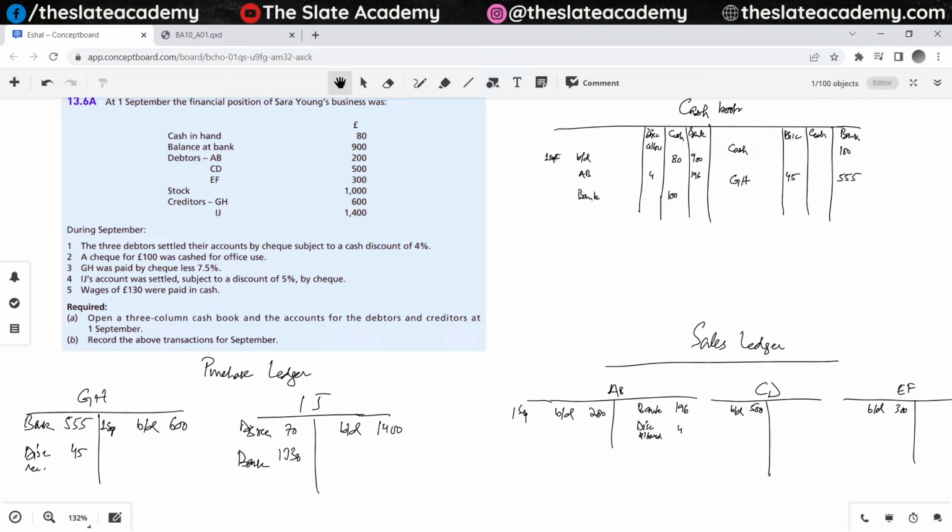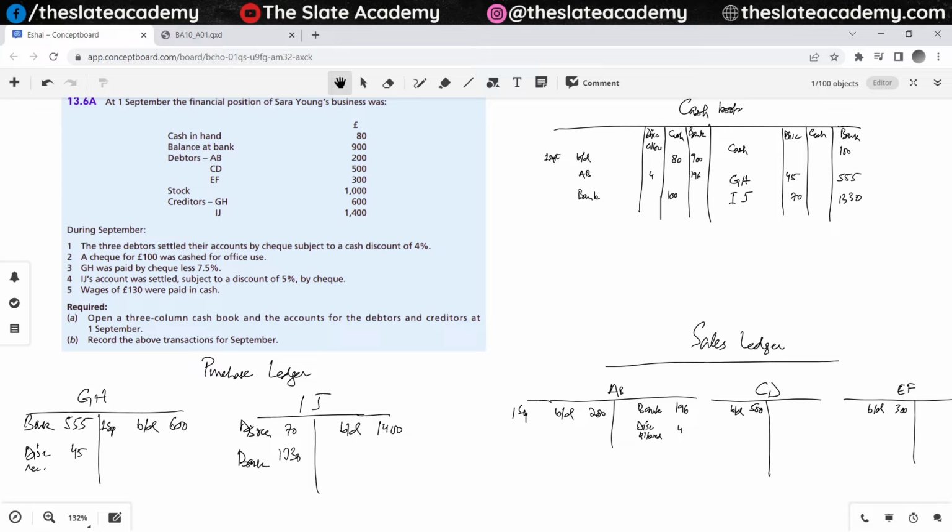So payment is 1330, and discount is 70. This is IJ.